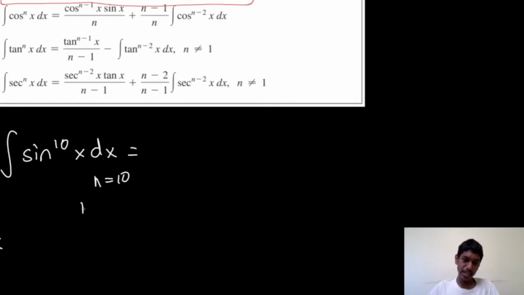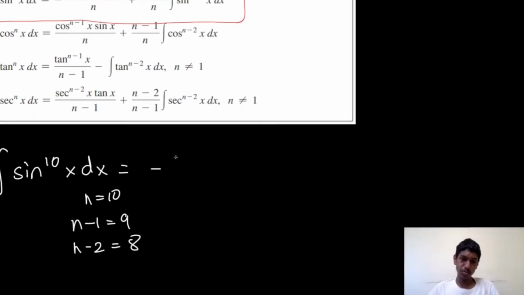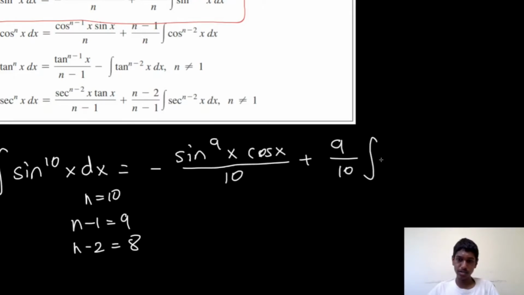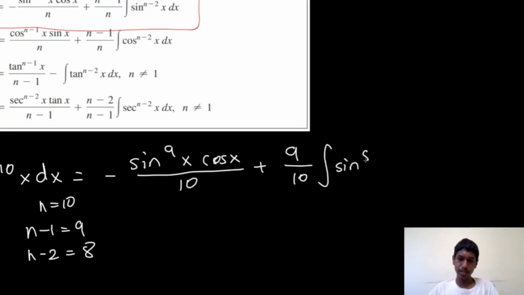If n is 10, n minus 1 is 9, and n minus 2 is 8. So now we just replace those: minus sine to the n minus 1, 9, x cosine x over n, which is 10, plus n minus 1 over n times the integral of sine to the n minus 2, x dx.